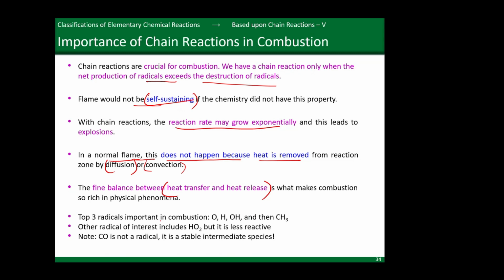Well, the most important radicals in combustion are O, H, and OH. Okay, these are 1, 2, 3, or I would say OH is number one, simply because it's a very, very important radical, always there, always playing a very important role in chain initiation, branching, and so on. CH3 is also a very important radical, always obtained in chain initiation, whenever you have carbon in the fuel, of course.